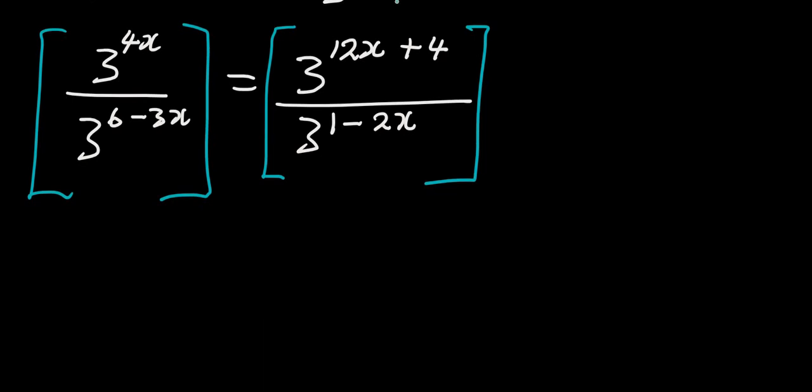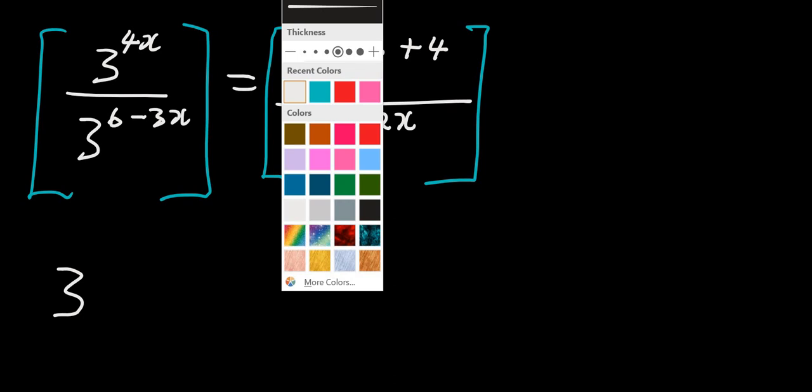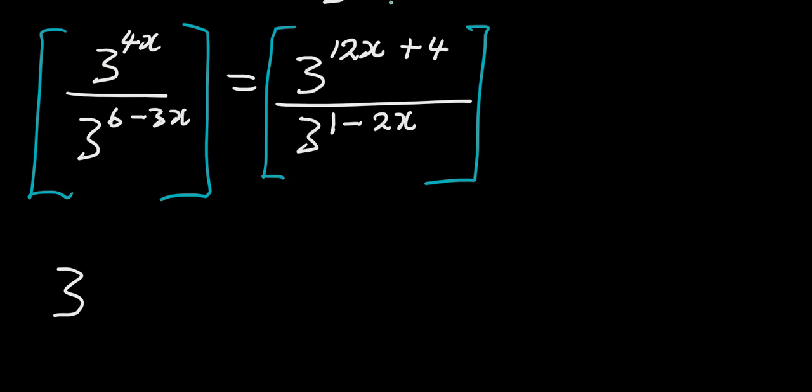So since we have the same base on the left side, we can write that as a single base of 3 and then subtract the exponent of the denominator, which is this, from the exponent of the numerator, which is this. So when we do that, we're going to have 3 exponent 4x minus, put this in parentheses, 6 negative 3x, and this will be equal.